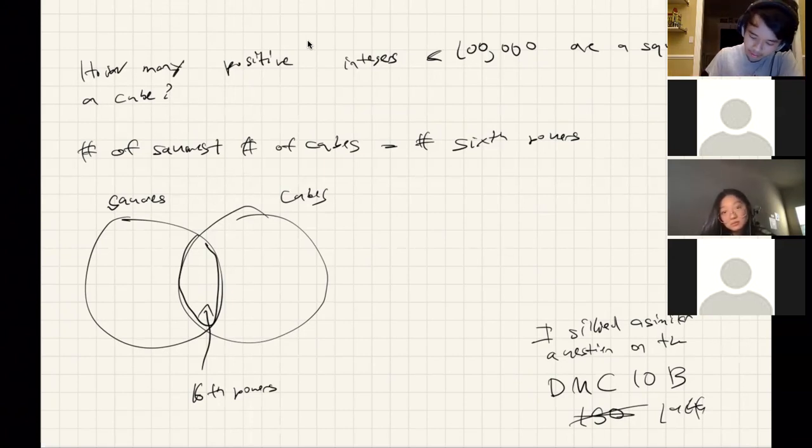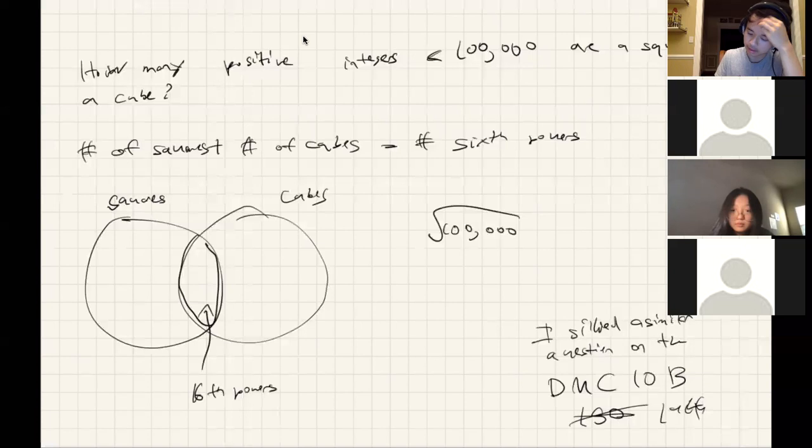So okay, let's go about this. The number of squares: how many squares are less than 100,000? To find this, you can just take the square root of 100,000. If you calculate enough, you'll get 316 point something, 316.2 according to my calculator. So there's going to be 316 squares, plus how many cubes?